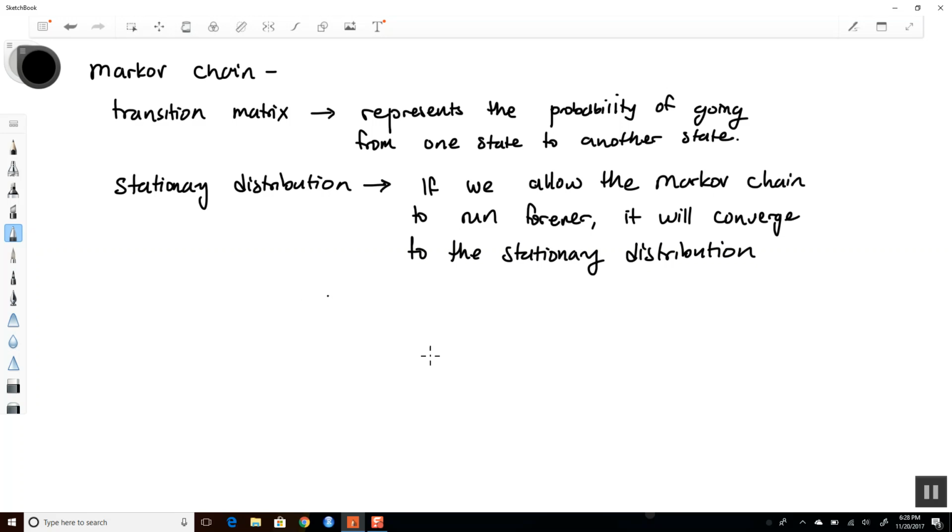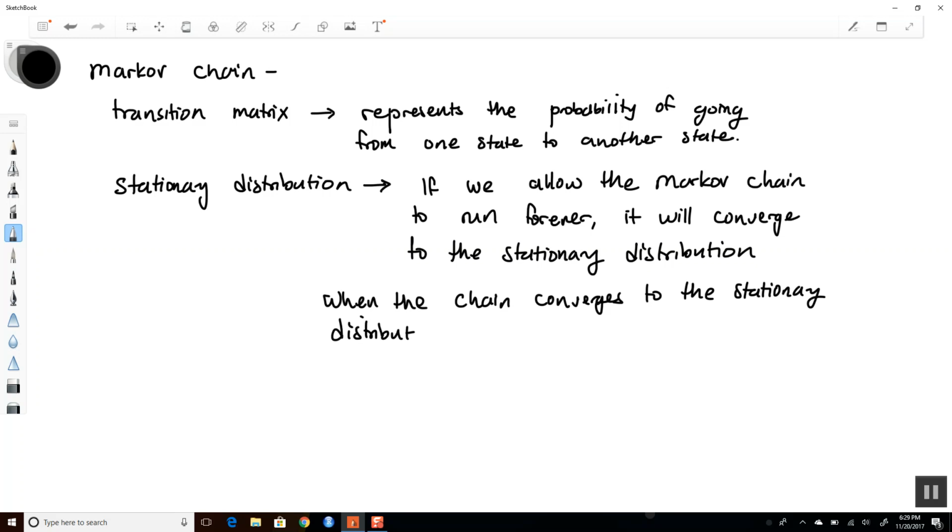Okay, I'll illustrate with an example. I think it will make more sense. When the chain converges to the stationary distribution, that means that every state is in equilibrium.